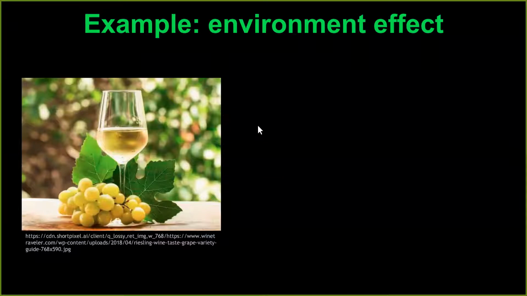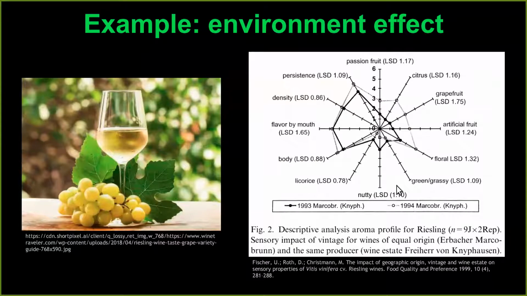As some people know, different vintages of wines, even of the same variety, like this Riesling variety, different vintages, grapes grown in different years or on different farms, have different aroma and flavor profiles and characteristics. So this is a chart similar to the one I showed for hops.